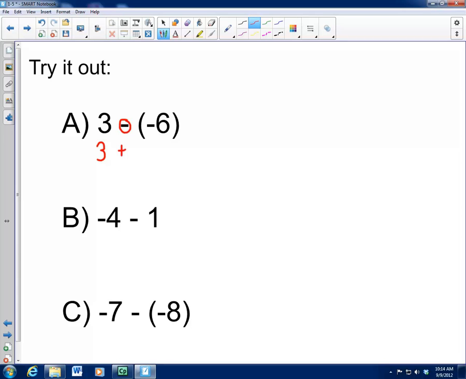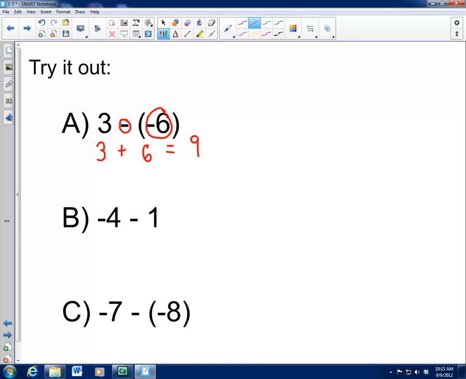Then we're going to switch the -6 to its opposite, which would be +6. And we work that out like we normally do. Well, 3 plus 6 is simply +9. Keep, switch, switch.